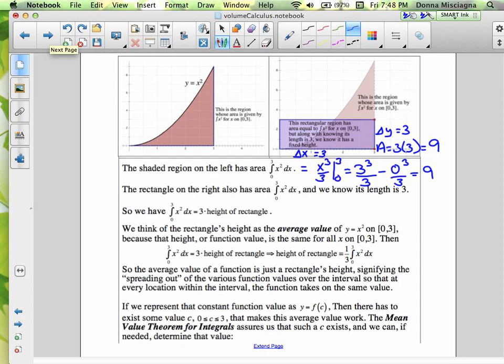So if we think of the rectangle's height as the average value, why would that be the average value? Well, this rectangle was drawn to be the average value.